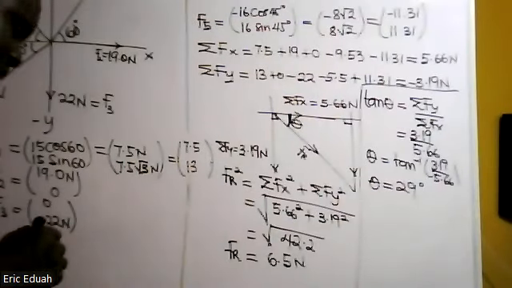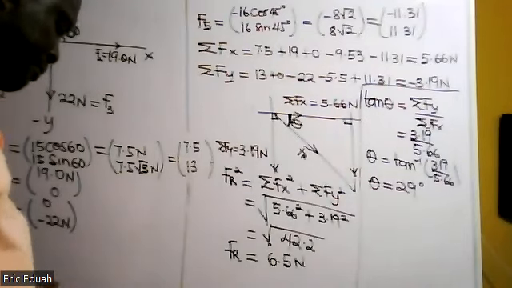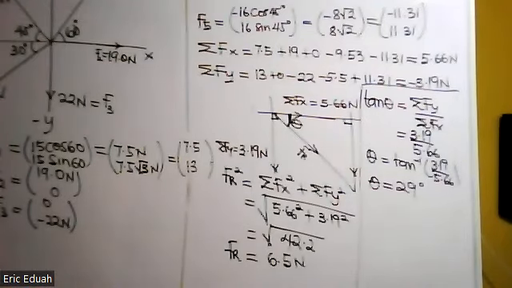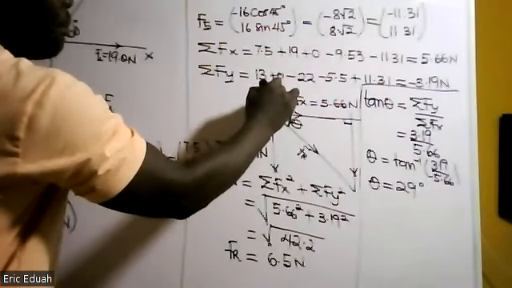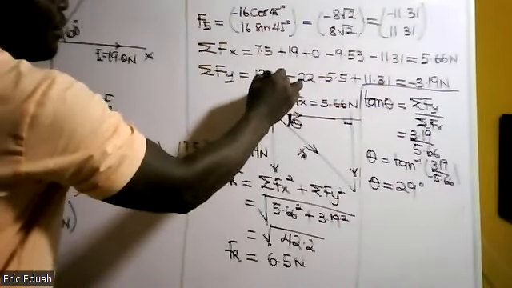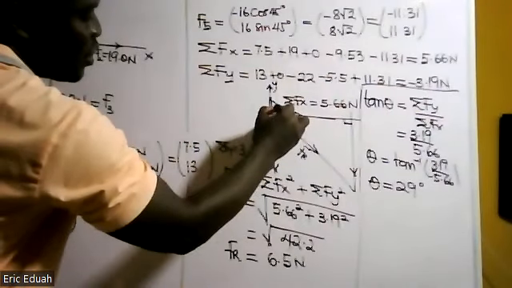In case the question demands that you determine the direction of the resultant from the y-axis, then I have to measure the direction from y. And so I have to turn this way to face the resultant.